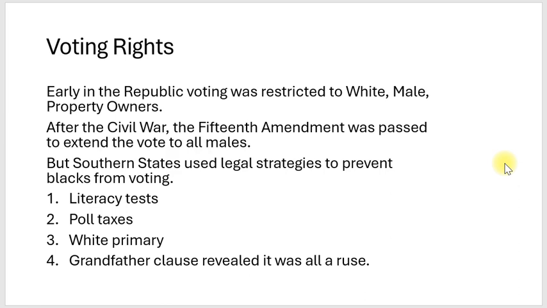Okay, so once the 15th Amendment is passed, these broken promises, and the reason they were able to be broken is because the South passed a number of laws which prevented blacks from voting. So literacy tests required an individual to prove that they were literate in order to vote. And there was a literacy test given, and it was applied discriminatorily.